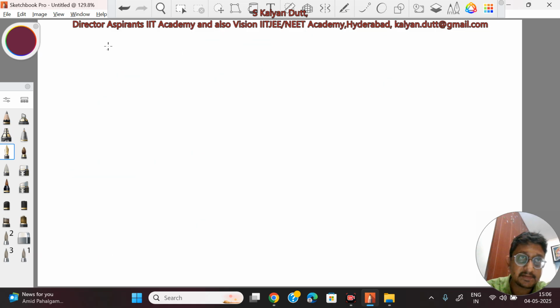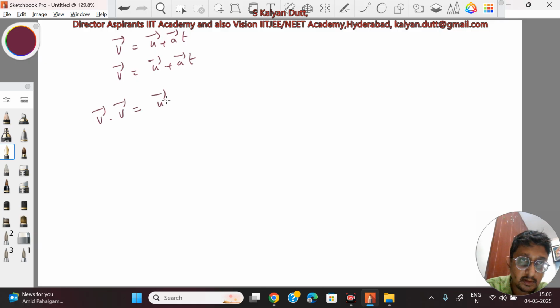So let's look at this. First of all, how did we get this equation? I'll take v equal to u plus at, and dot the equation with itself, so that you get v dot v is (u plus at) dot (u plus at).